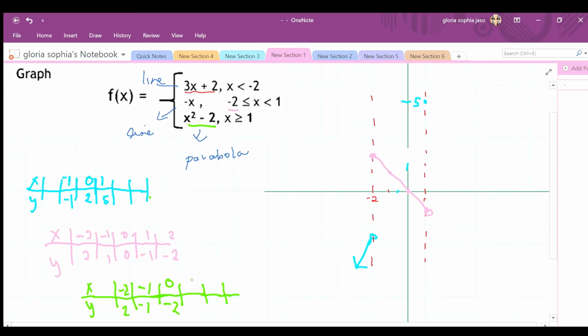Tapos, kung 1, negative 1. Kung 2, 2. Okay? So, graph natin siya. Kung 0, negative 2.